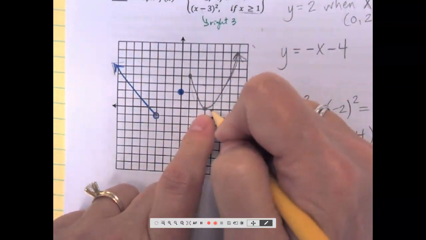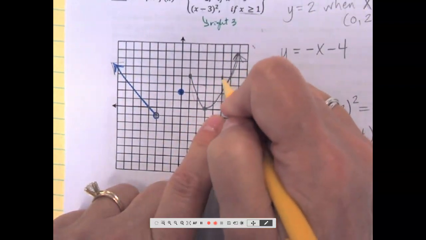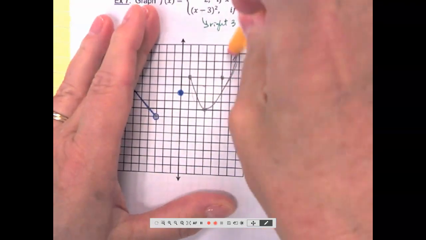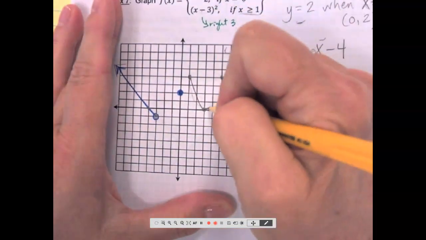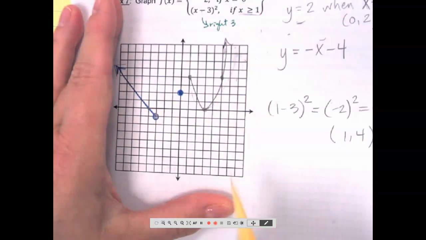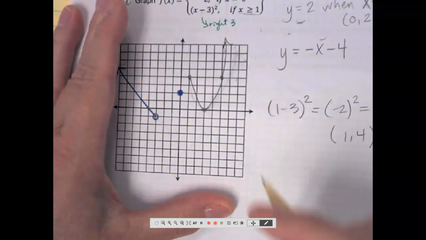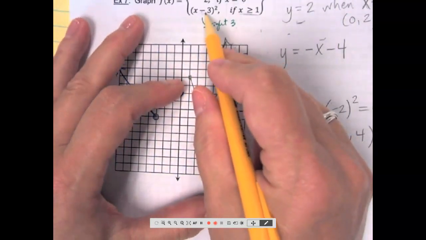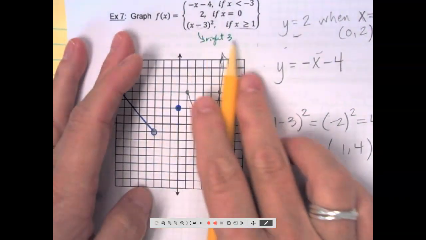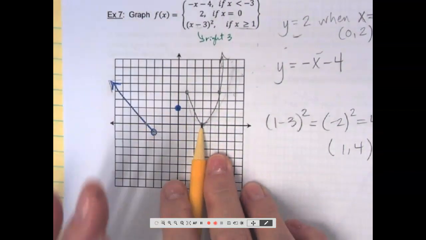I could go over 2, up 4, and that's the corresponding point on the other side of the vertex. And so that actually would be a pretty accurate graph right there. Just finding 1, 2, 3 points on it. And again, you can sub them in, or by knowing that shifting right 3, I know that that's where the vertex is.